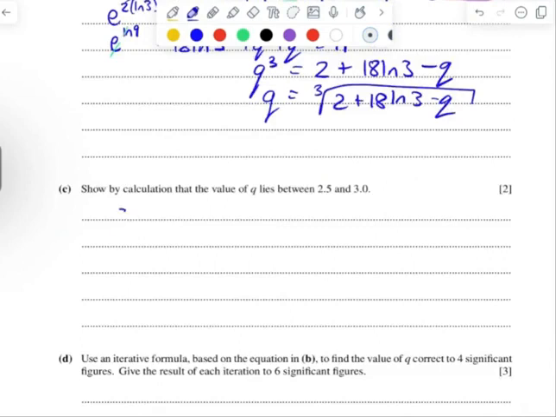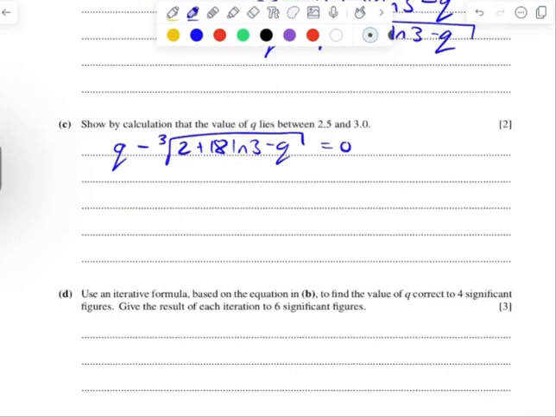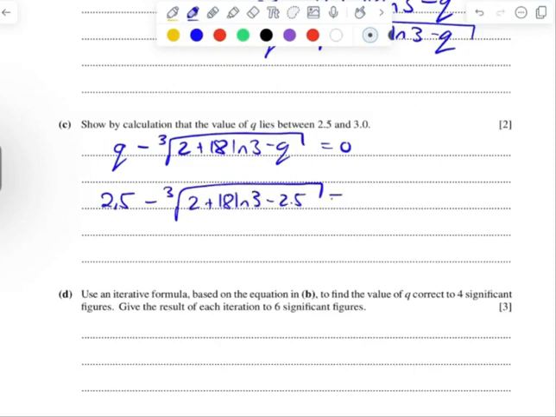Okay, so what we do is we get all of our terms to the one side. I'm going to take everything to the left. Let's just say that is equal to 0. So now I'm going to plug in my 2.5 for all my q values, and that is going to give me an answer. So 2.5 minus the cube root of... Then 3 minus 2.5.